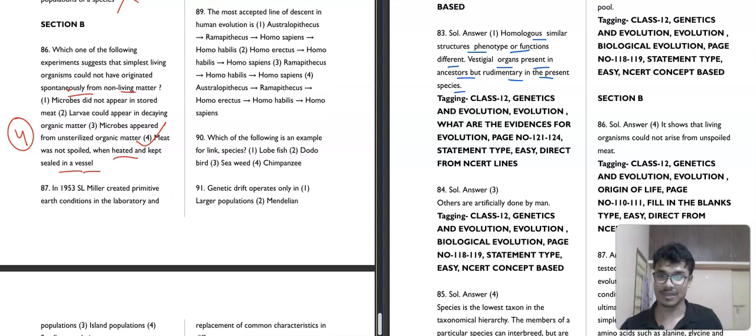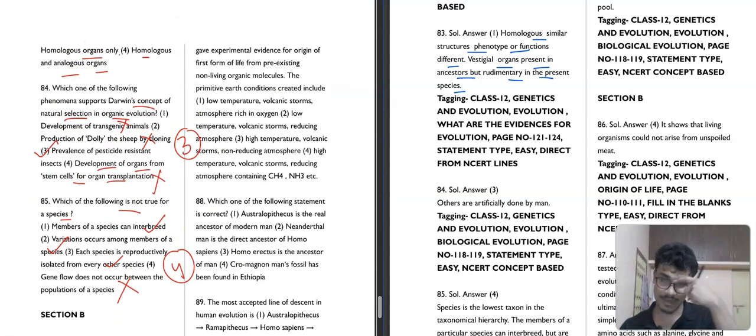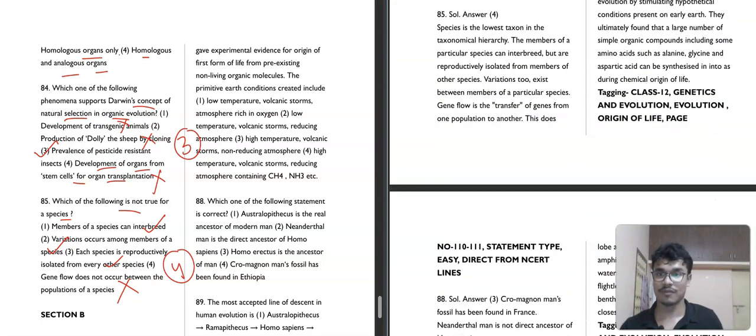Then question number 87. In 1953, S.L. Miller created primitive earth conditions in the laboratory and gave experimental evidence for the origin of life, the first form of life from pre-existing non-living organic molecules.